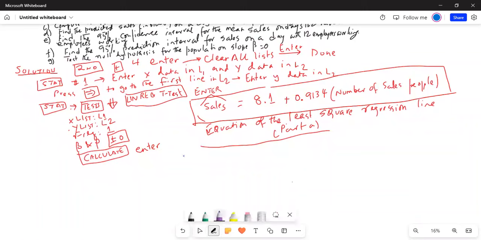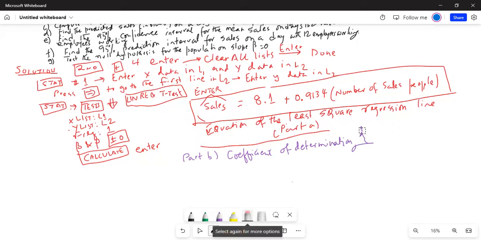So part B, the coefficient of determination is R square.